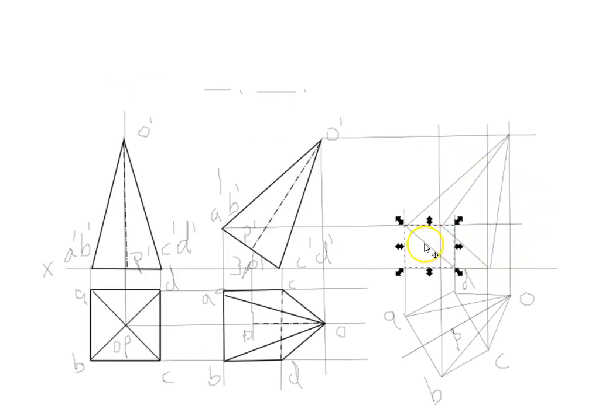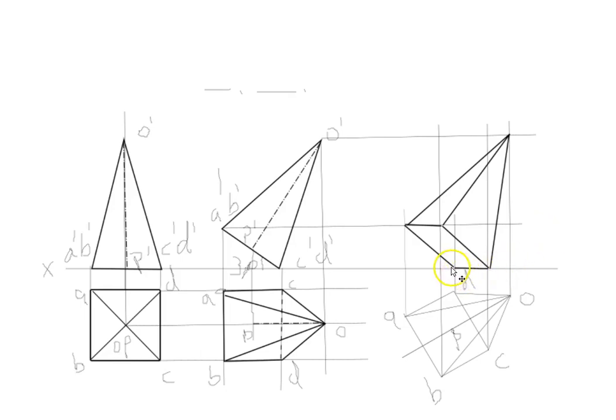Now we will try to make the outside boundary dark as we did before, and we also have these edges. All the visible edges we mark with continuous thick lines.